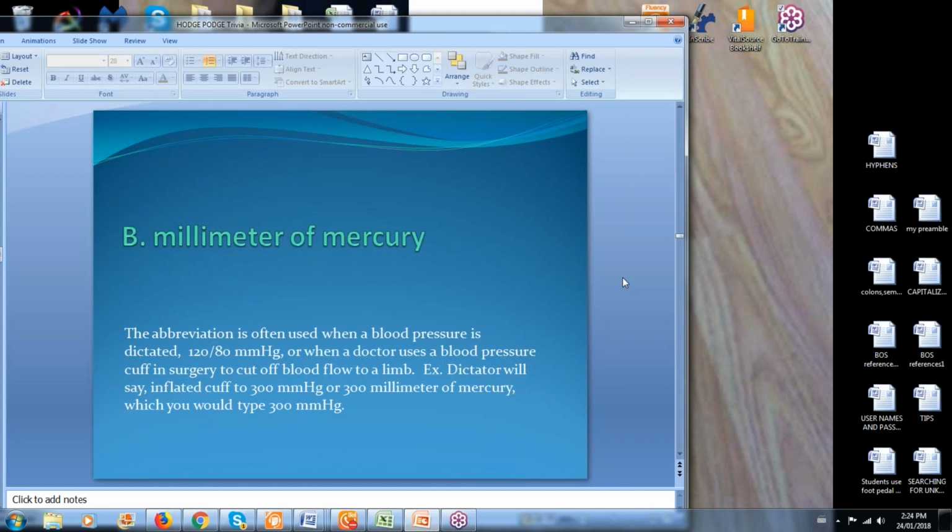Or sometimes in an operative report too, you'll often hear a doctor say he'll use the blood pressure cuff to cut off blood flow to a limb. So a lot of times you'll hear them say inflated cuff to 300 millimeters of mercury or mmHg or something like that. So anyway, that's what that stands for.